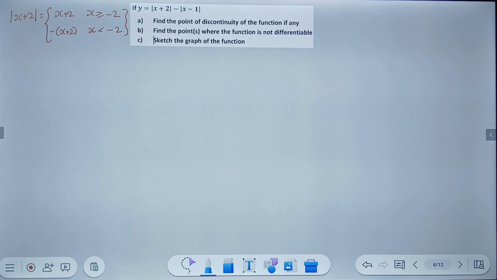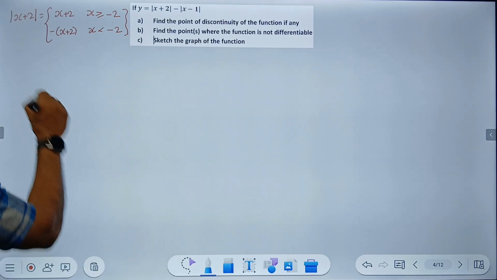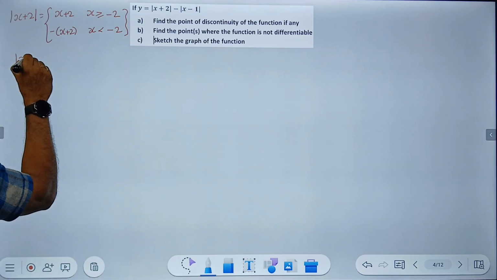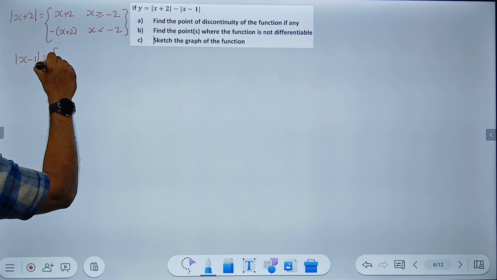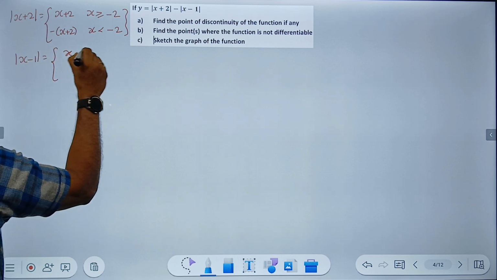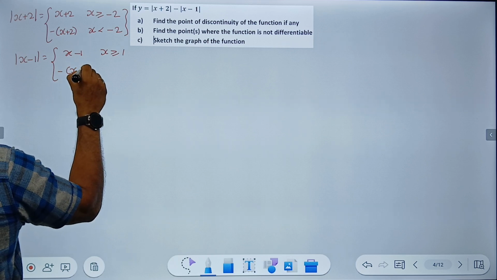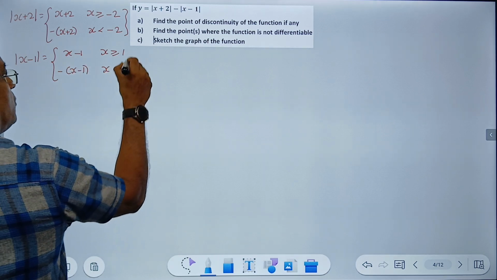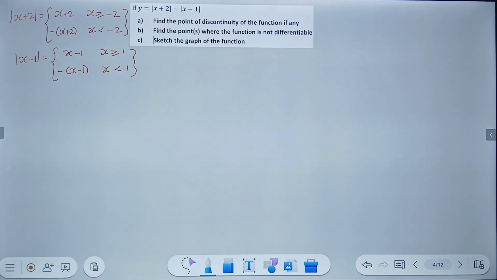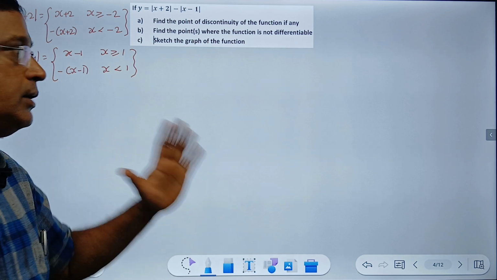So first, the basic definition. Now what is the definition of modulus x minus 1? Modulus of x minus 1 is x minus 1 for x greater than or equal to 1, and minus of x minus 1 for x less than 1. Okay. So I have not done anything, just rewritten the definition of modulus x plus 2 and modulus x minus 1.